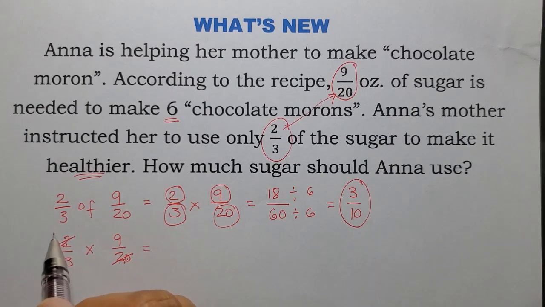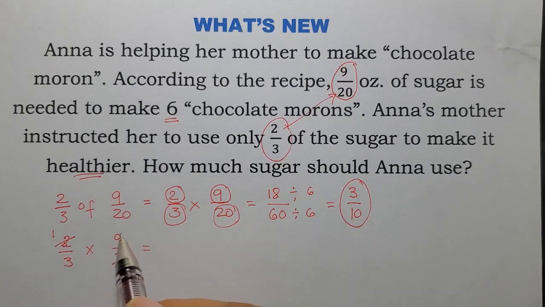So 2 divided by 2 is equal to 1. 20 divided by 2, the answer is 10. We are doing that one so that later we will not express anymore our answer in simplest form, because in this process we are already writing our fractions in the simplest form.